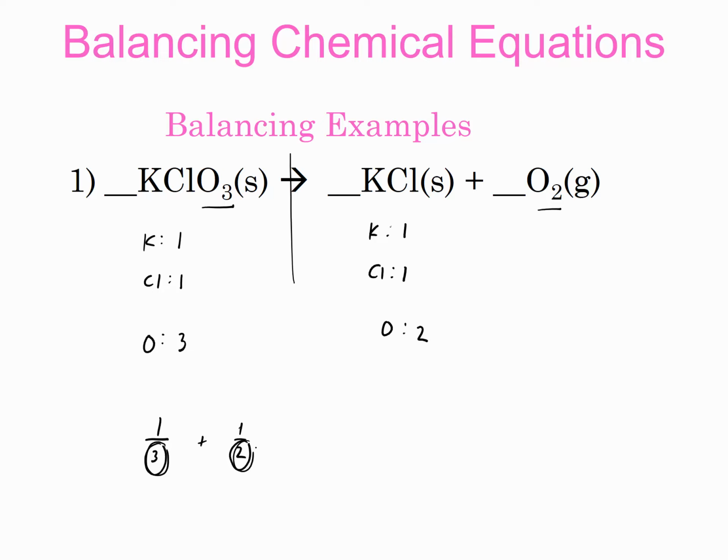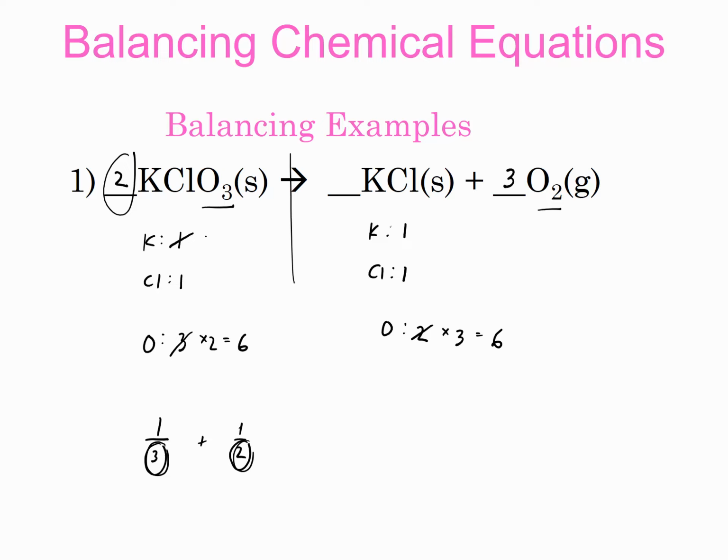So you'd have to multiply this by 2 and this one by 3. We're going to put a 3 there and a 2 there. That gives me 6 oxygens on this side and 6 on this side. This is the issue when you balance: we just wanted to fix the oxygen, but by doing so, we inadvertently changed the potassium and chlorine.